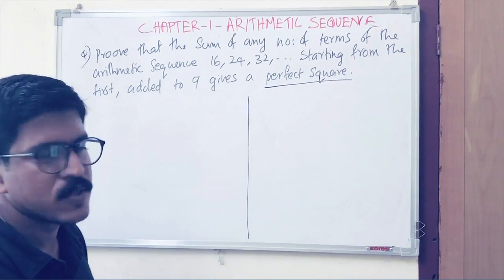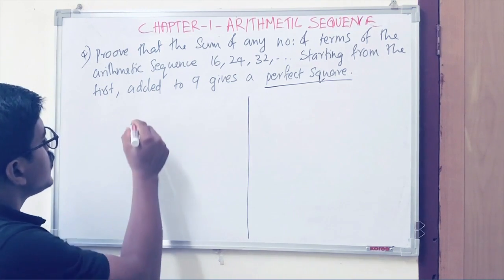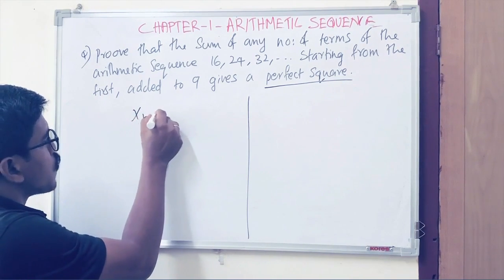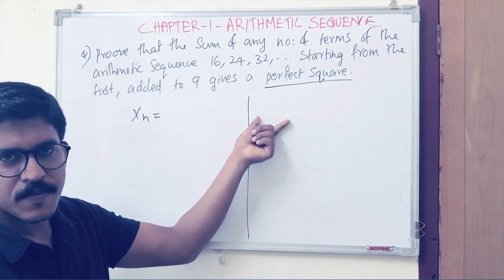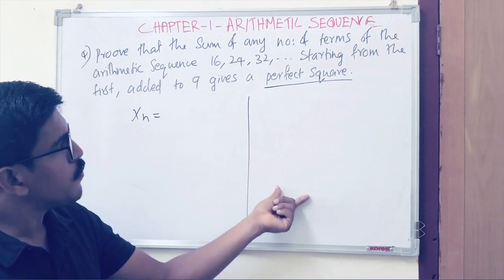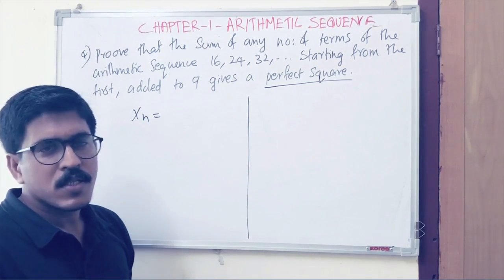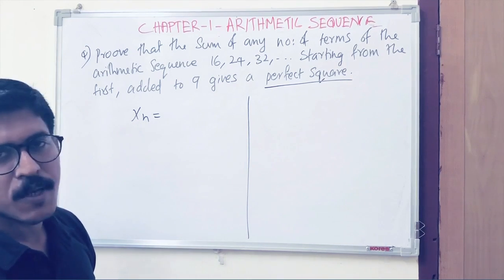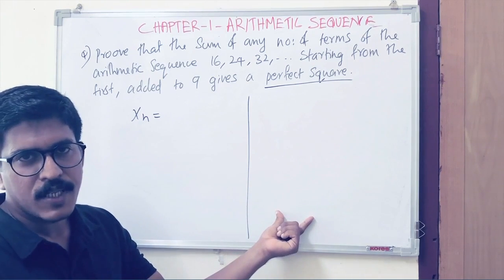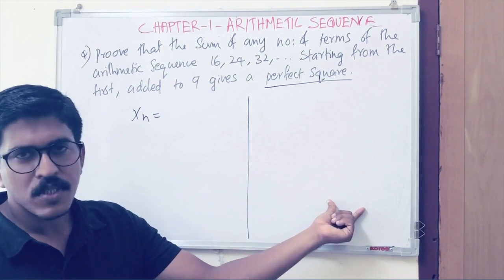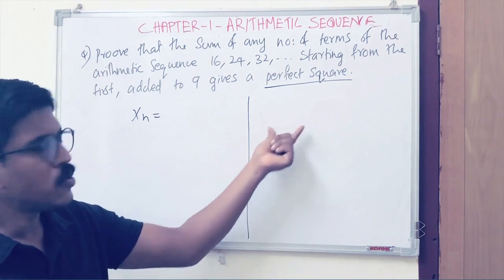First we need to find the nth term xn, then we find the sum. Since Sn will be in general form, we can add 9 and check whether a perfect square comes.